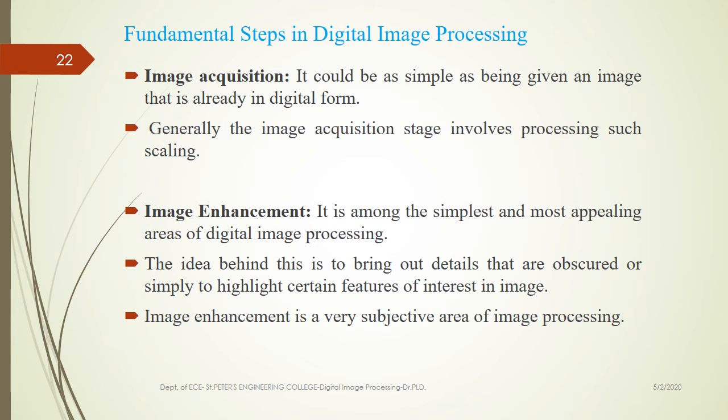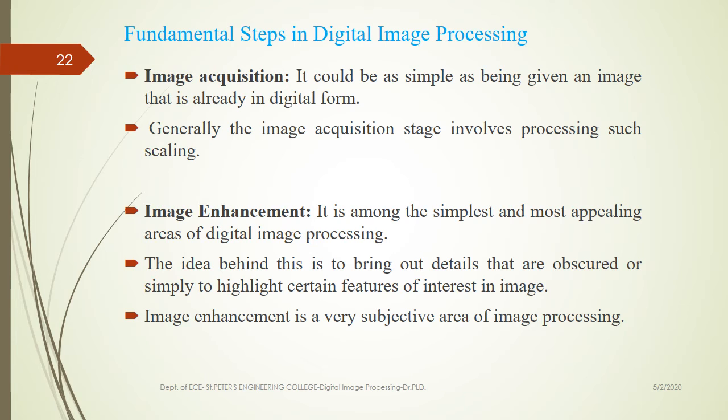Image acquisition could be as simple as being given an image that is already in digital form. Generally, the image acquisition stage involves preprocessing such as scaling. The second one is image enhancement. It is among the simplest and most appealing areas of digital image processing for improving the quality of images.